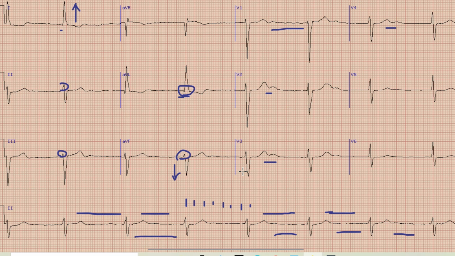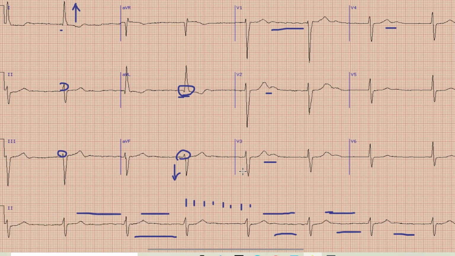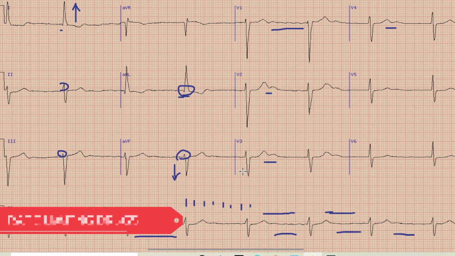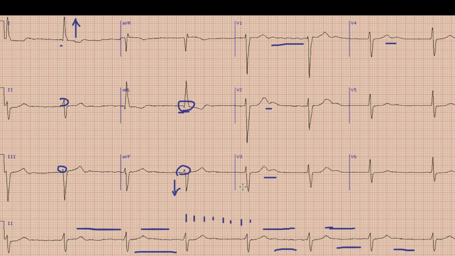In elderly patients, this could be due to degenerative disease, while this could be due to rate-limiting drugs such as beta blocker, sotalol, amiodarone, calcium channel blocker. Although digoxin can result in atrial fibrillation with slow heart rate, usually we find a short QT interval in case of digoxin toxicity.